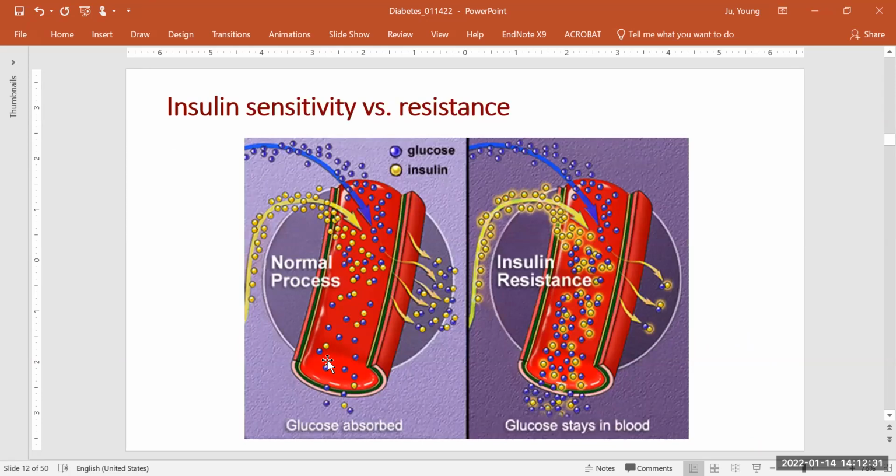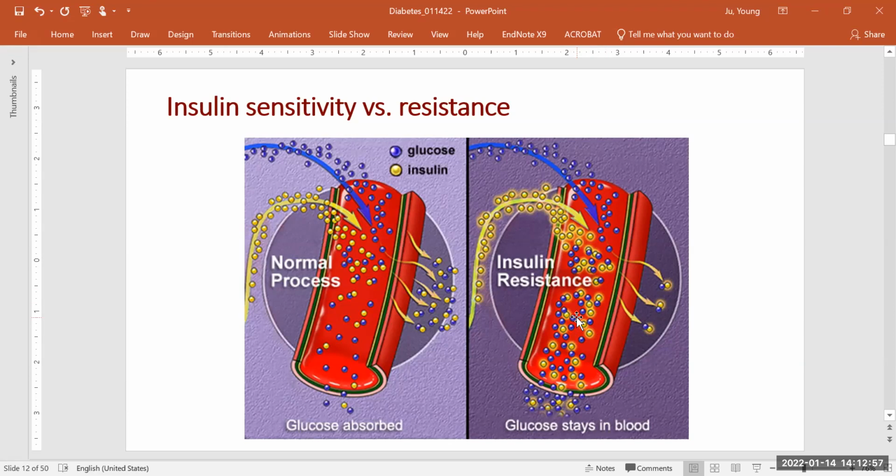People with normal insulin sensitivity require a normal level of insulin to process the glucose, whereas individuals with diabetes may not produce enough insulin to meet their needs. So glucose remains in the bloodstream, causing high blood sugar level.